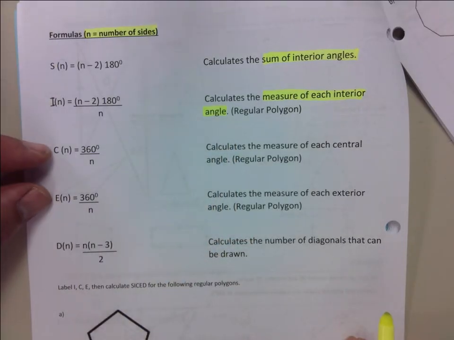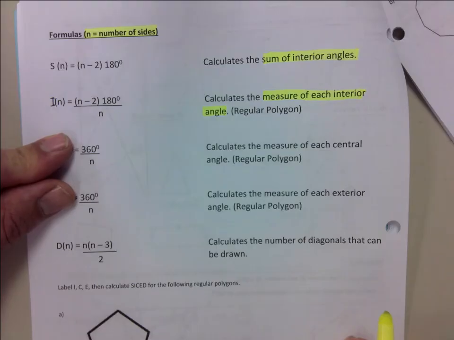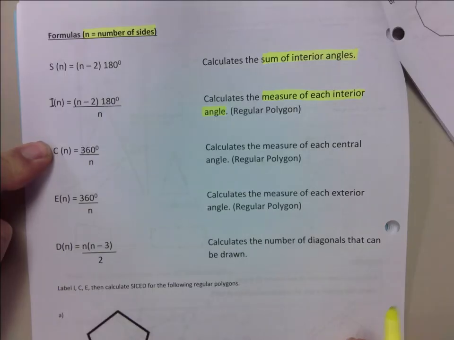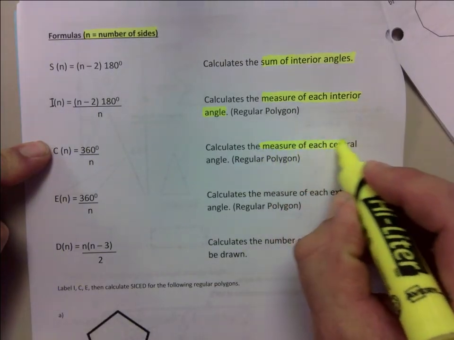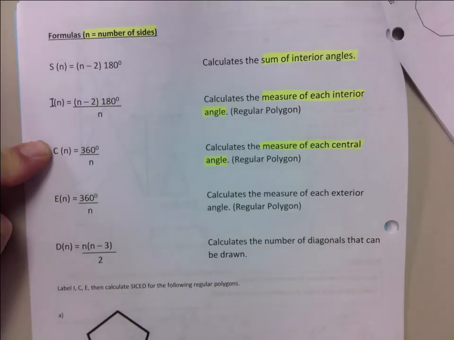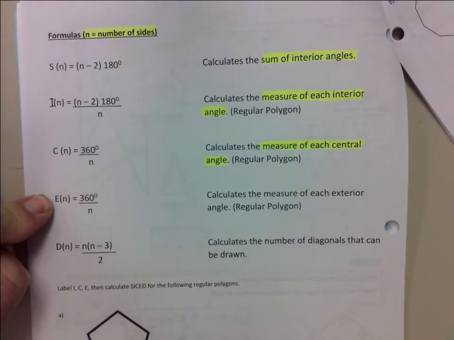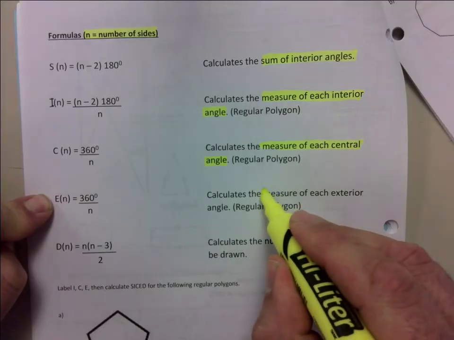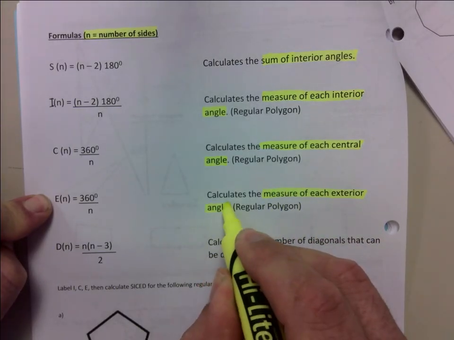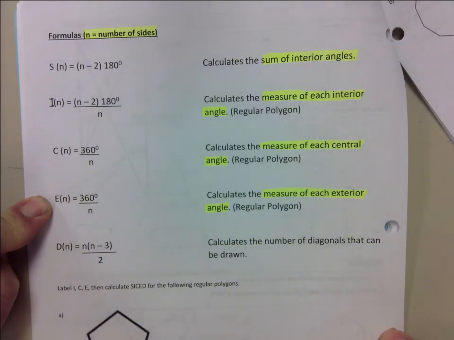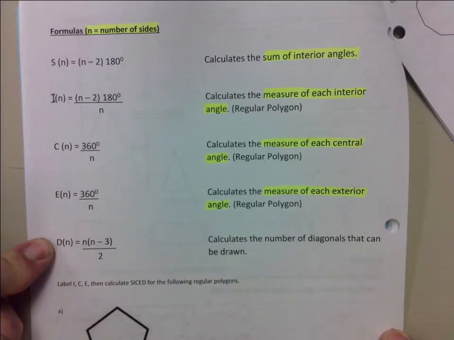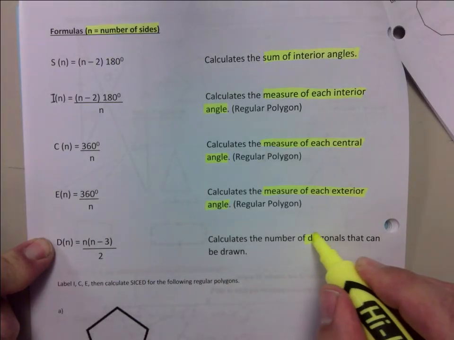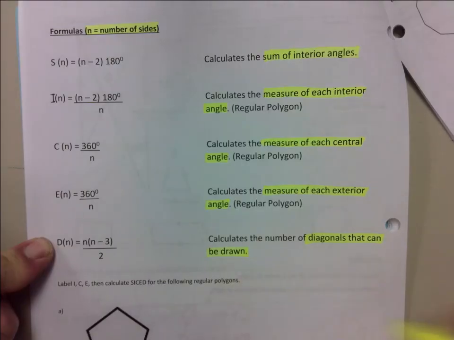Watch the next two, they're identical. Look at the formulas, they're identical. C stands for the measure of a central angle. E stands for the measure of each exterior angle. And D stands for the number of diagonals that you can draw inside a polygon. More about that in a bit, okay?